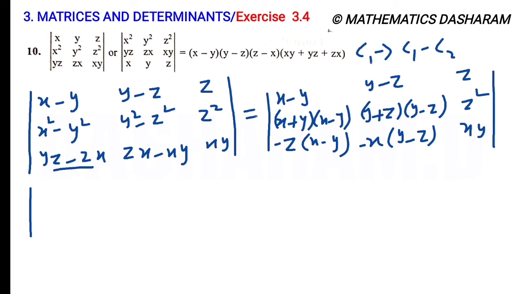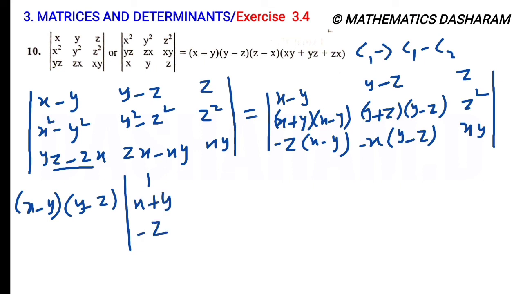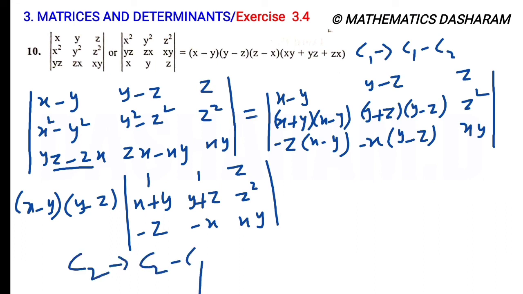So now it is equals to, so here we can take the x minus y common from the first column, and y minus z common from the second column. So then 1, here x plus y minus z, next to 1 y plus z minus x, so z square xy. So now C2 replace with C2 minus C1.